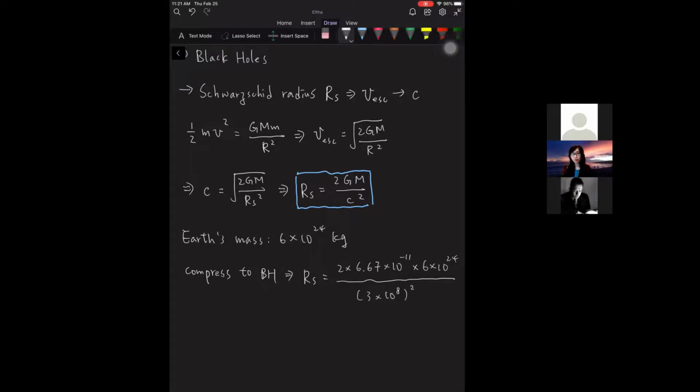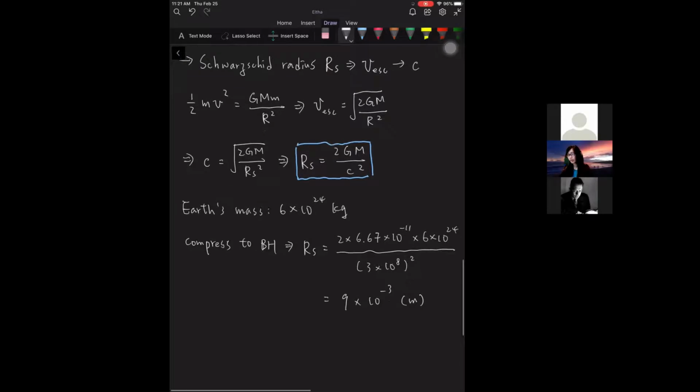Okay, so if you calculate this, you will get a Schwarzschild radius of 9 times 10 to the minus third. And remember, we are doing this in SI units, so the unit should be meters here. And this number is approximately just 1 centimeter, right?